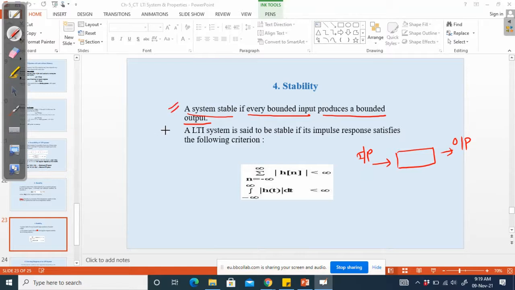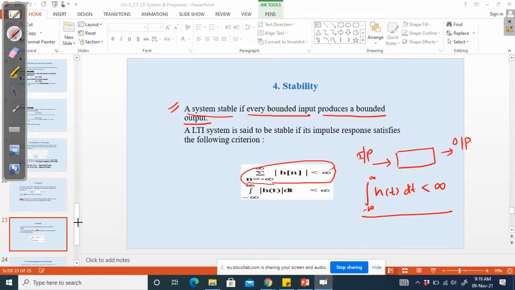So this is the definition. What is the condition for an LTI system? The integral of the absolute impulse response should be less than infinity. Okay, the impulse response should be absolutely integrable. This is the condition for an LTI system, and this is for the discrete time. This is for the discrete time.